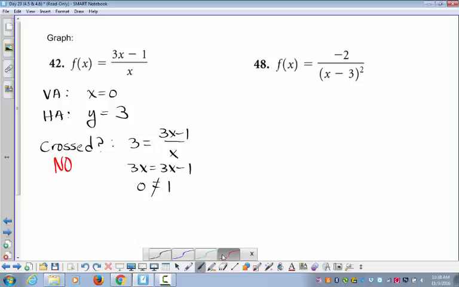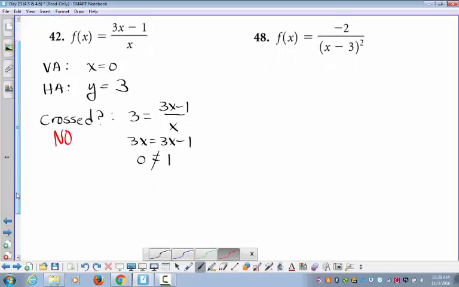No. Then we go to the intercepts. So asymptotes first, and then intercepts. X-intercepts are where the numerator is 0. And in this case, there's only one 0 for the numerator, and that's what?